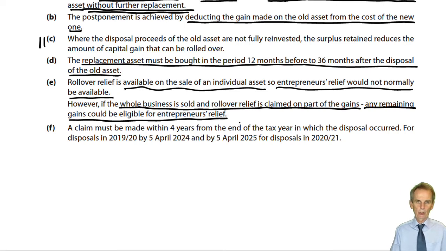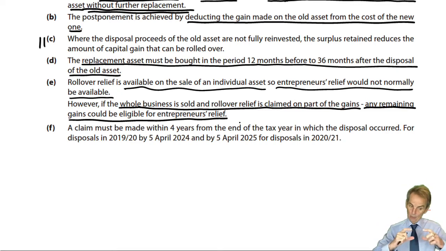It is, of course, possible that you are a serial entrepreneur, and what you intend to do is, having sold off one business and crystallised the gains on it, some of the proceeds that have been generated from that are going to be reinvested in another business.